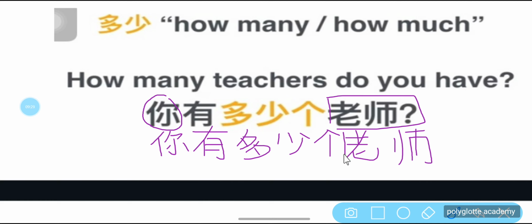So this is the character for 老师. So how many teachers do you have? 你有多少个老师？How many teachers do you have?